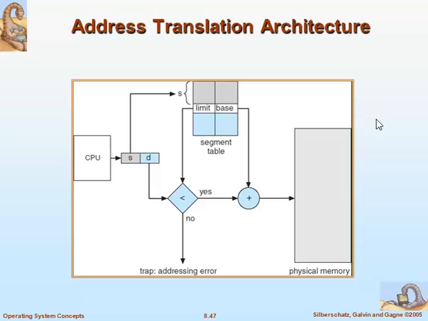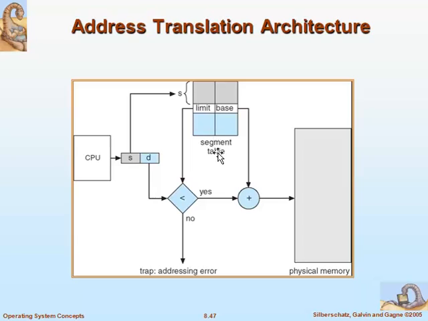So this is the address translation architecture. Here the CPU generates the segment number and the offset, and the segment number will have a base value and a limit value. What is the base value? This will give me the starting address on the physical memory, and the limit will give me the length, how big that particular segment is.